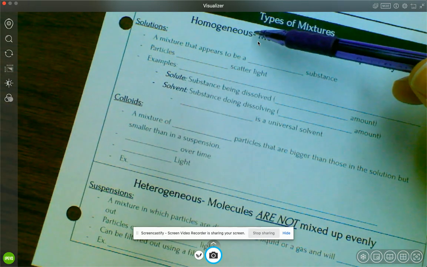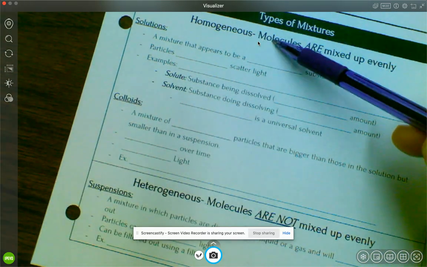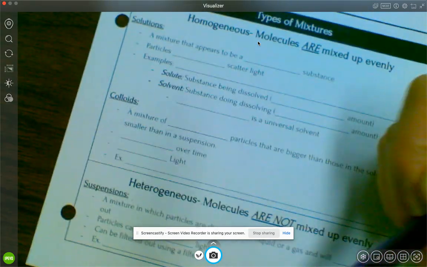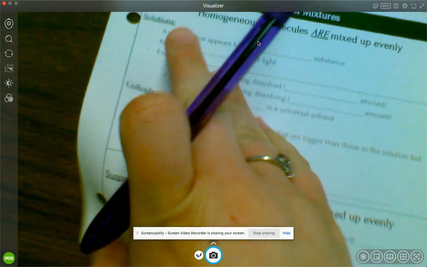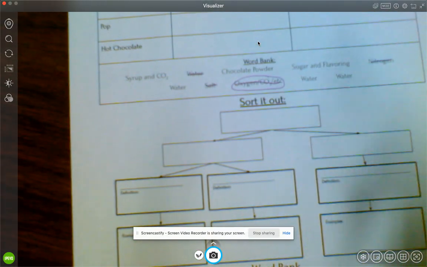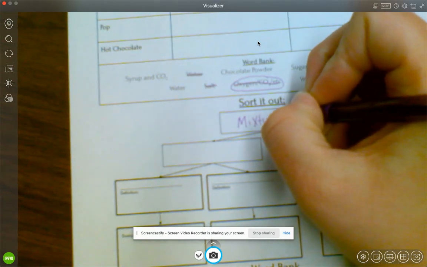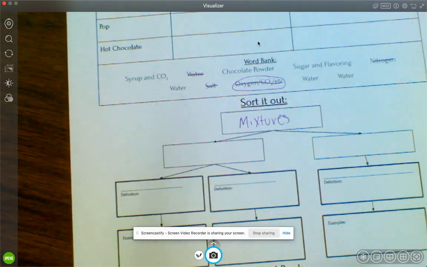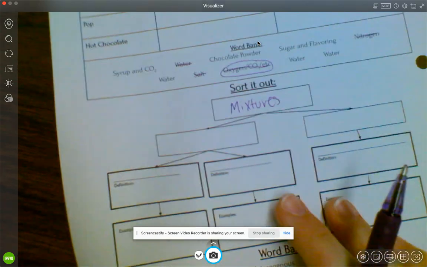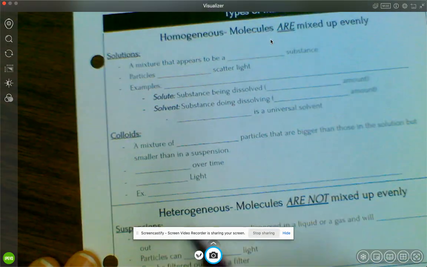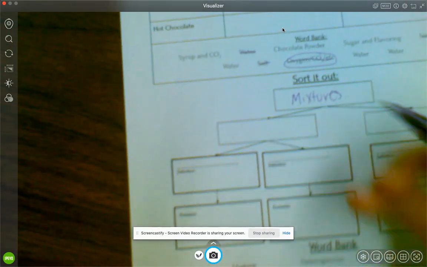Then if you look, we've got it broken down into two big parts, three smaller parts after that. And then there are examples within it. So this backside is kind of just wrapping up what we learned. So our big thing though is we have mixtures. And then we said we've got two different types of homogeneous mixtures and one type of heterogeneous mixture.